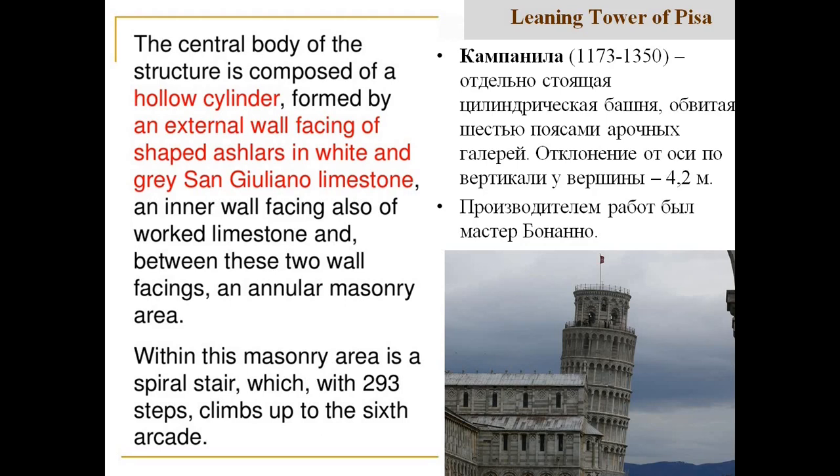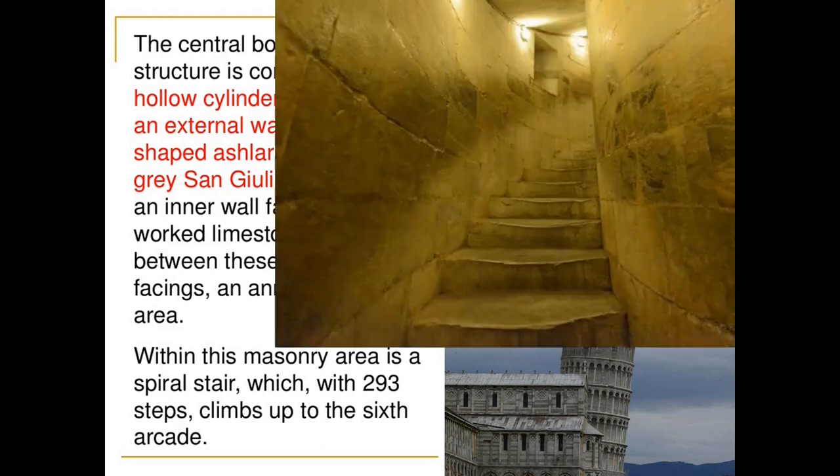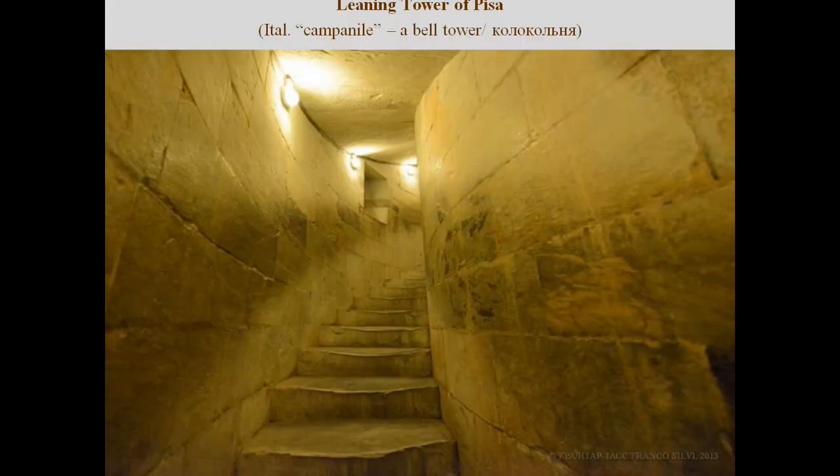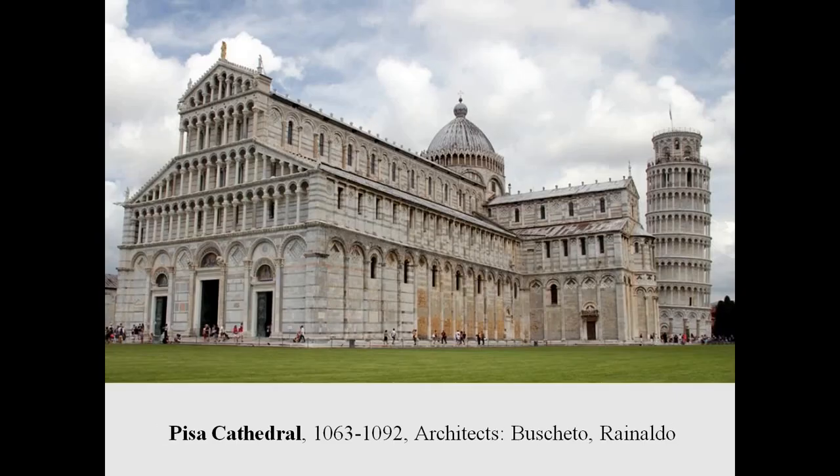Within this masonry area is a spiral stair which contains 293 steps that climb in 6 rows. Okay, here we can see the inner space of this campanile. The cathedral is dedicated to the Dormition of the Virgin Mary. Originally, it is called Duomo di Santa Maria Assunta.